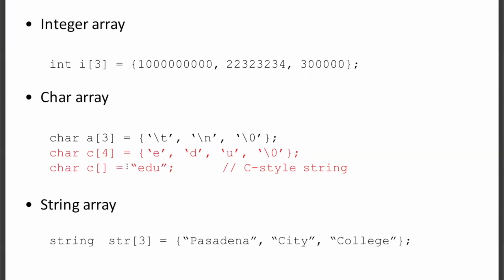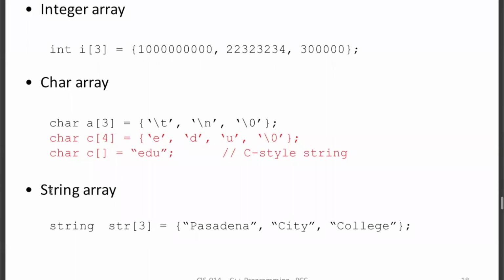And why did I say this is 4 bytes? Well, if you look at this, there's a collection of 3 characters in there, E, D, and U, right? So back in the days, for creating a C-style string, you also have to include what's called a null terminator. So the very last byte, the fourth byte, is for storing that zero, that null, N-U-L-L, okay? But anyway, this is how you would create a C-style string as opposed to a string array.